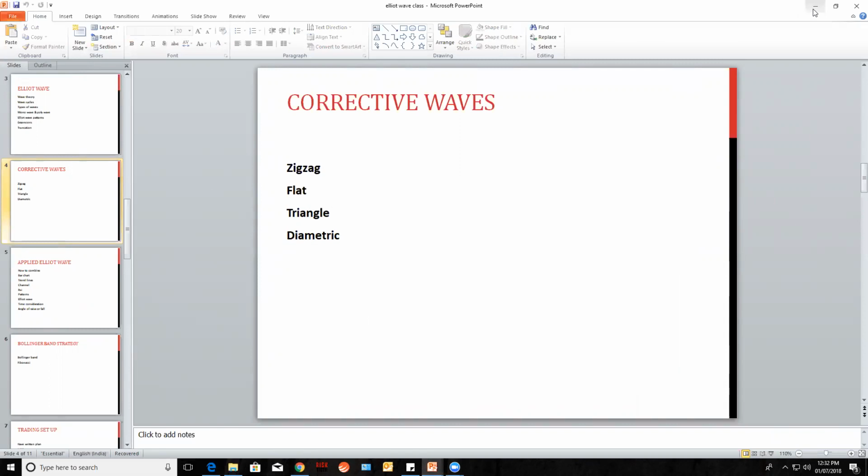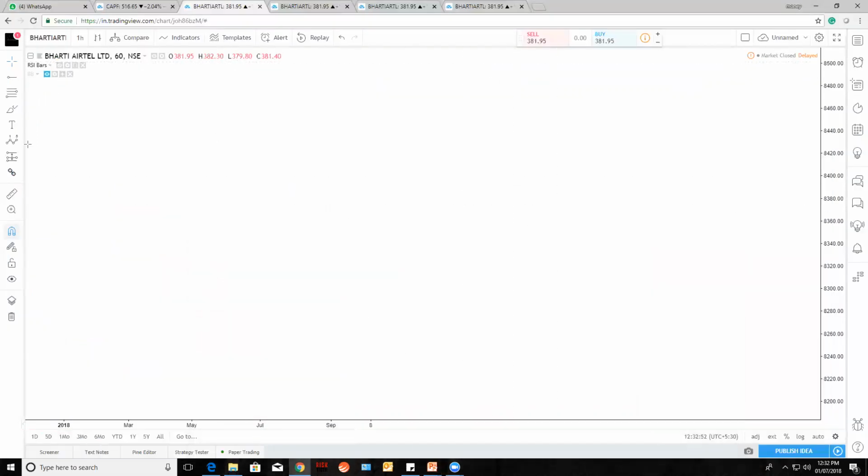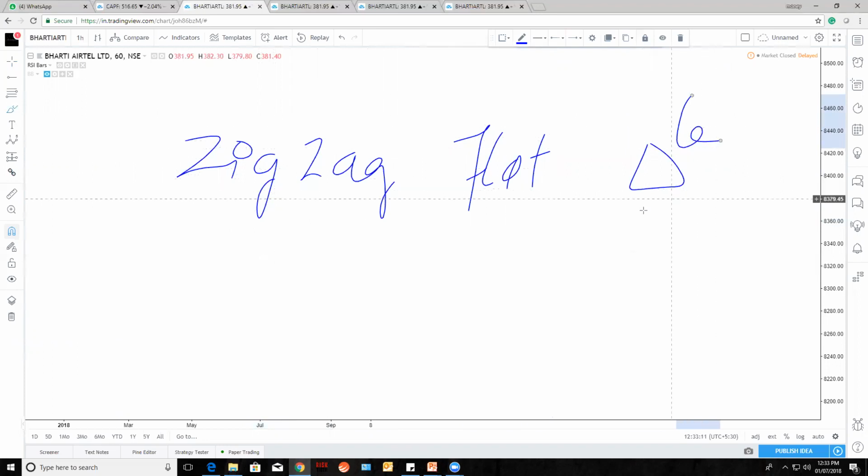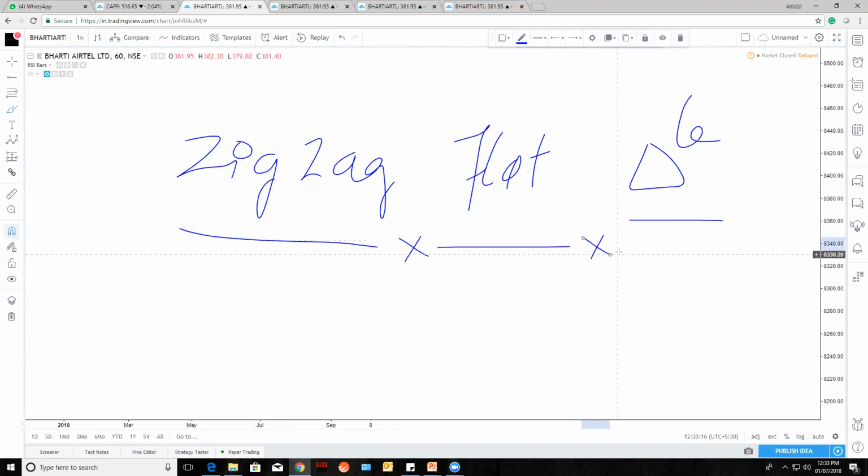One is zigzag, second is flat, third one is triangle. We will see one by one what the rules are for zigzag, flat, and triangle.